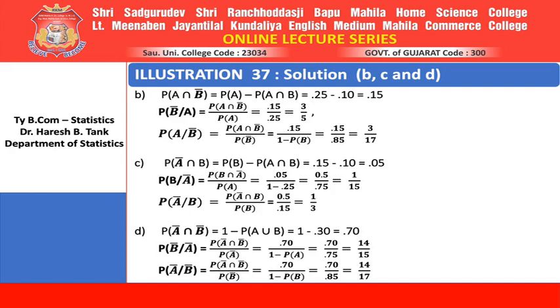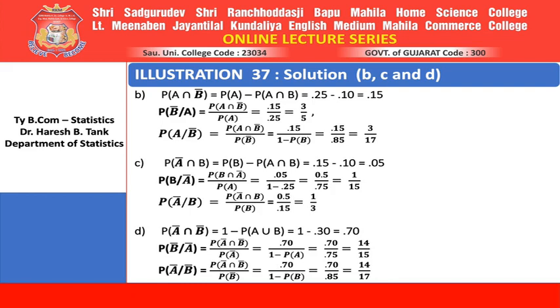Probability of B complement where it is given that A complement already happened. By formula, it is probability of A complement intersection of B complement divided by probability of A complement. Probability of A complement is nothing but 1 minus probability of A. So it is 0.70 divided by 1 minus 0.25, which becomes 0.75. Simplifying it, it comes to 14 by 15.